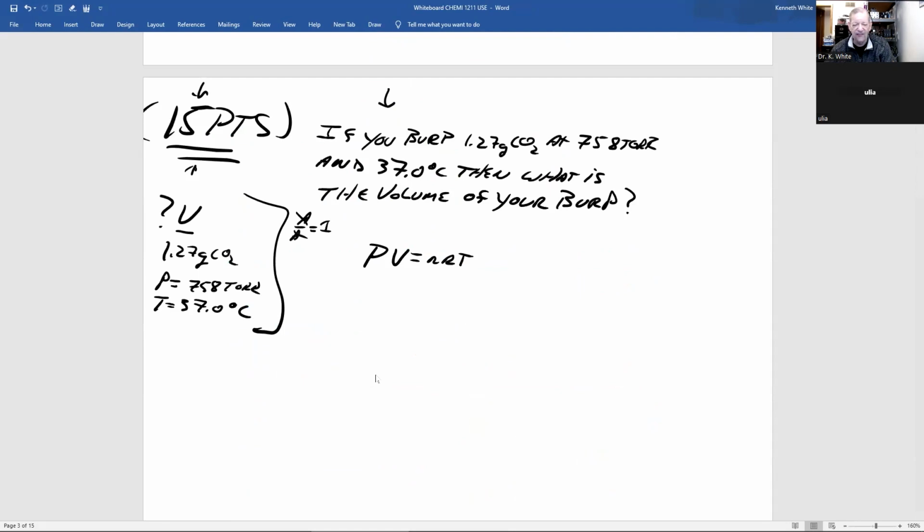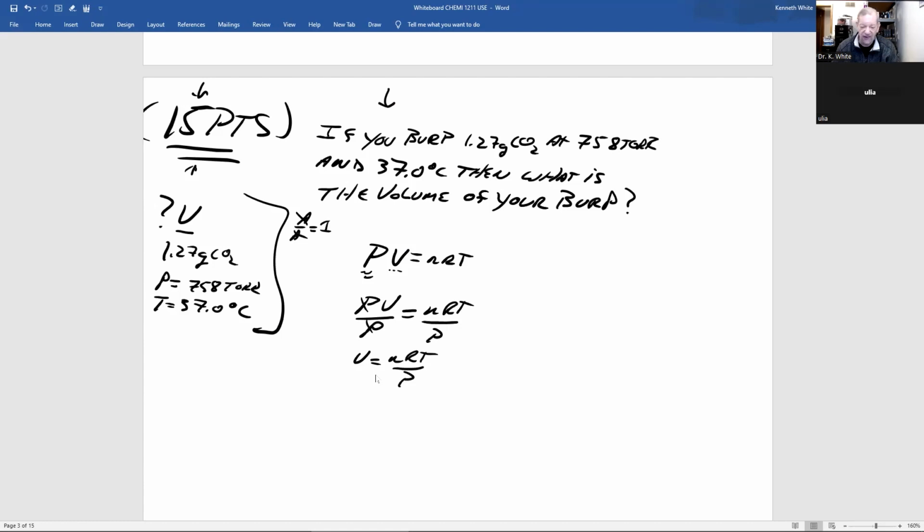I want to get V alone, so I want to get rid of P. Well, if I divide by P, that will cancel out. Whatever you do to one side, you have to do to the other. P divided by P is 1 times V is nRT over P.